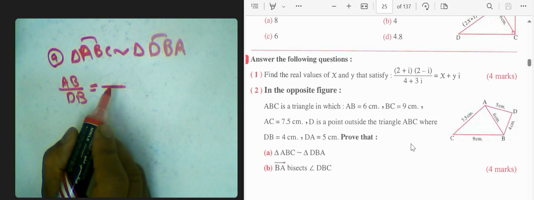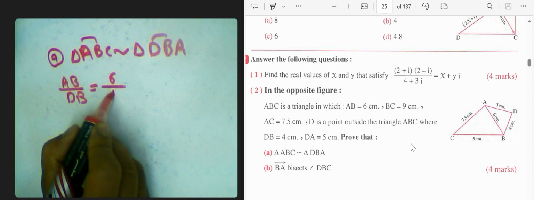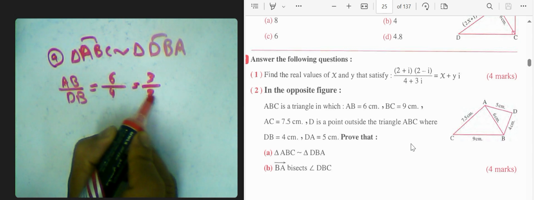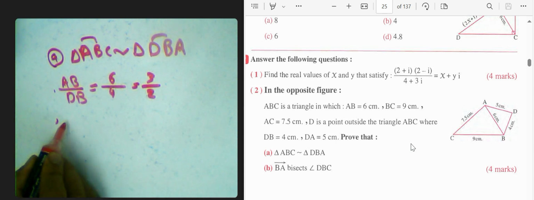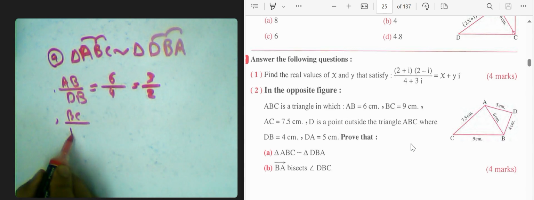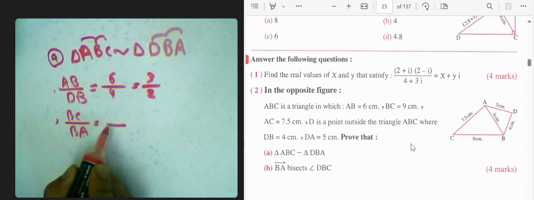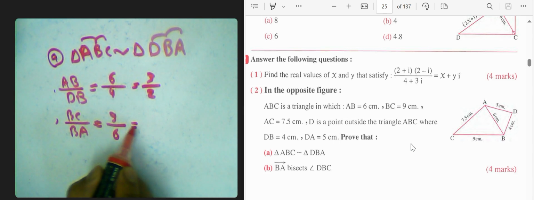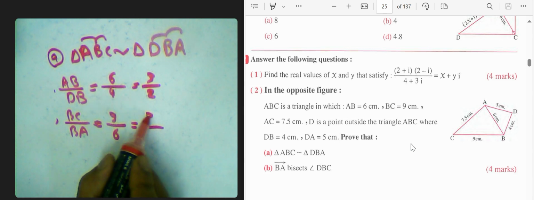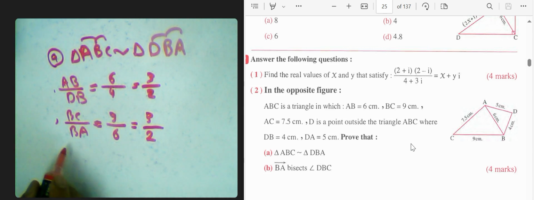We can write here 6 over 4 equals 3 over 2, and then we can write the ratio between BC and PA. BC and PA will be 9 over 6. We can simplify this by dividing by 3. 9 divided by 3 equals 3. 6 divided by 3 equals 2.